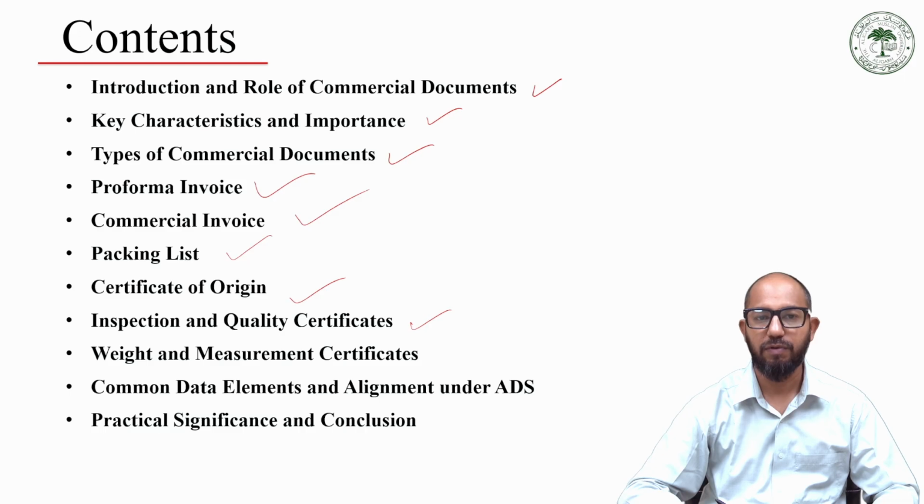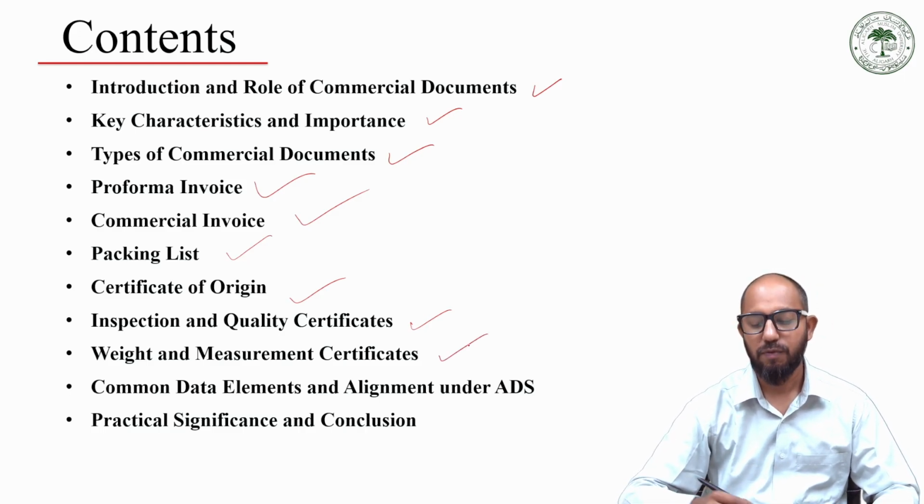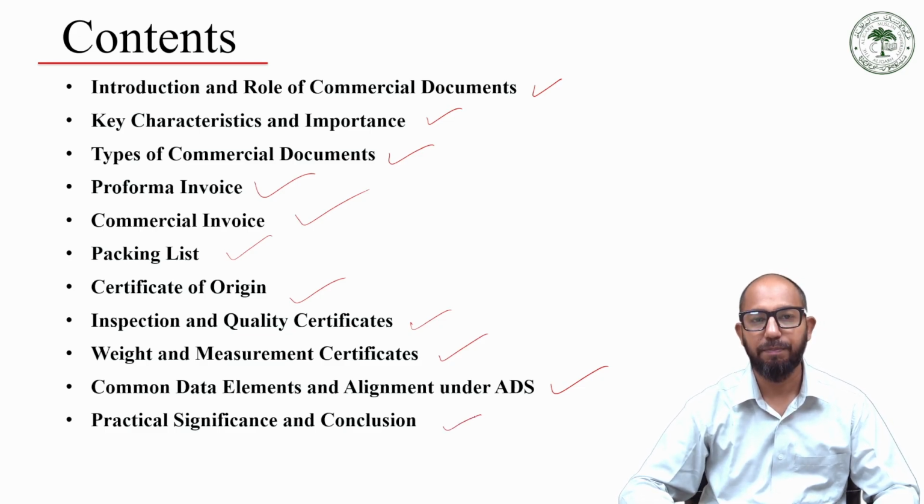After that, we'll understand weight and measurement certificates, followed by common data elements that are used in aligned documentation systems. Then finally, we will end with understanding some practical significance of these documentation as well as conclusion.